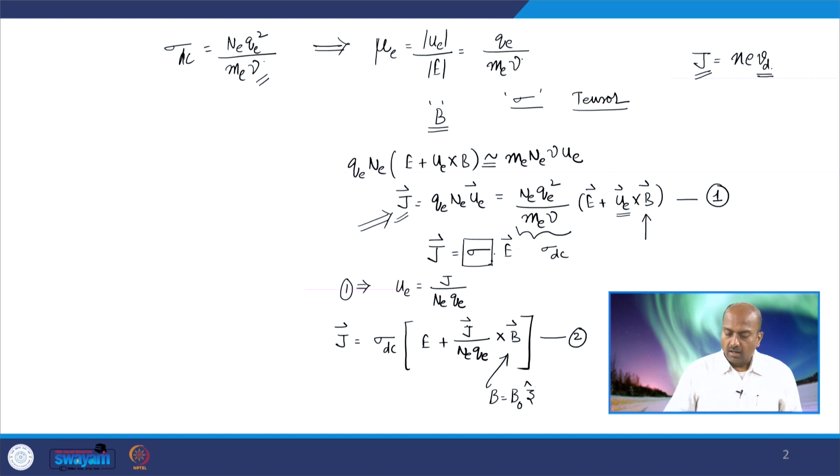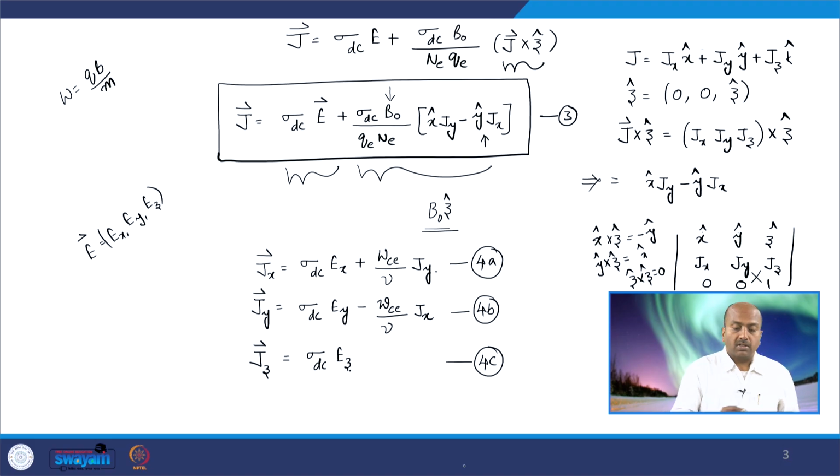So this is J. Now, the components, of course, will come later, but now that you have written the velocity in terms of conductivity, you are evaluating this curl between the J and B. Taking J to be present along all the three directions and the magnetic field only along the Z direction, you evaluate this curl and substitute back into this equation. Right. Now, this conductivity seems to be a sum of these two terms.